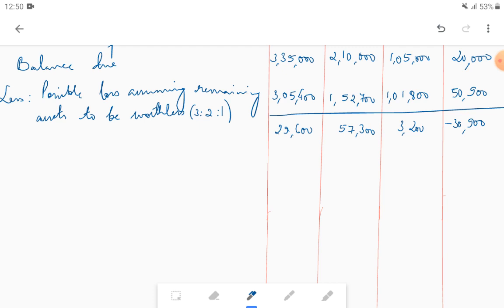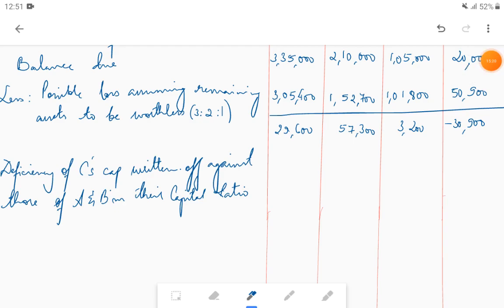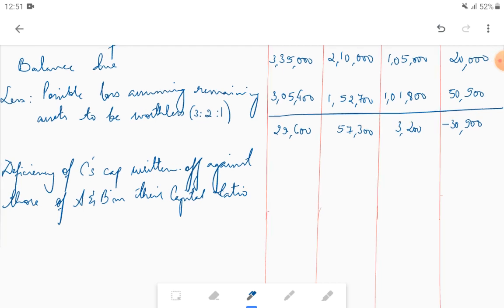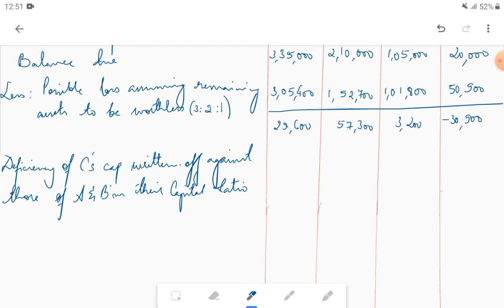Next, let's write down deficiency of C's capital written off against those of A and B in the ratio of their capitals, or in their capital ratio. So the capital ratio of A and B, 2,10,000 is to 1,05,000, simplified it is 2:1.